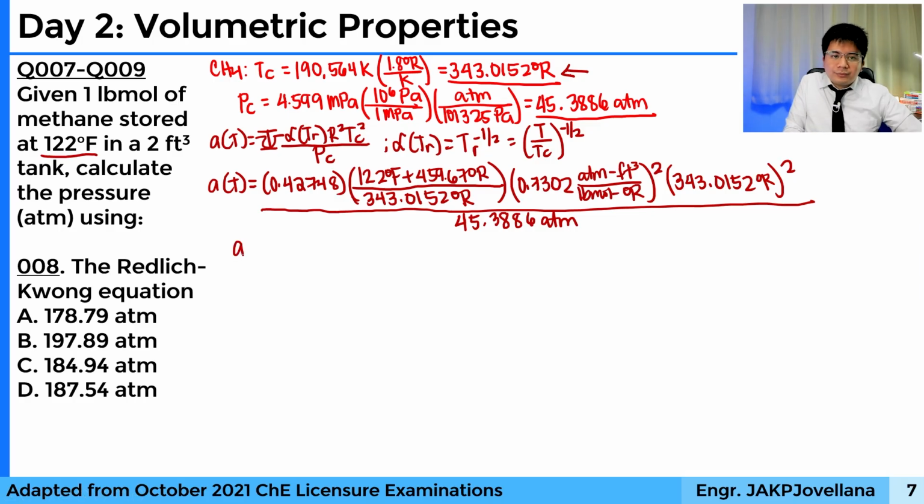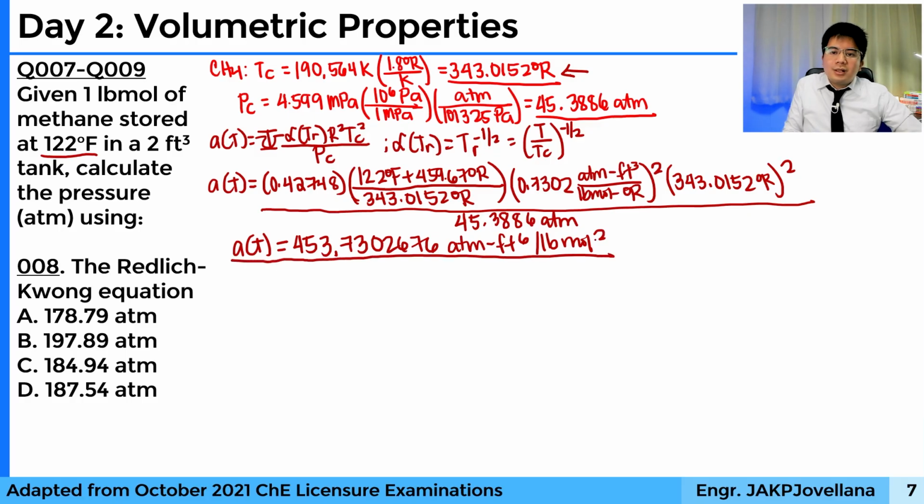Calculating A of T, we can solve this is equal to 453.73. The units are atmospheres feet to the 6th power per pound mole squared. So this is the value of A of T. Let us store this into variable A of our calculator.